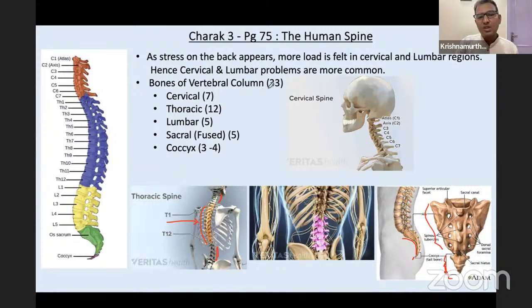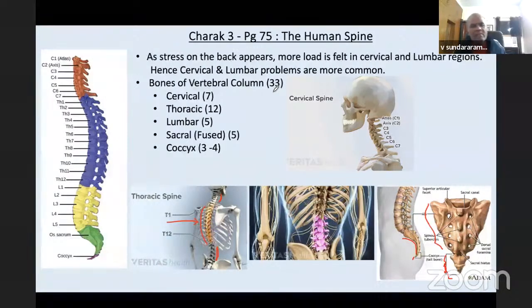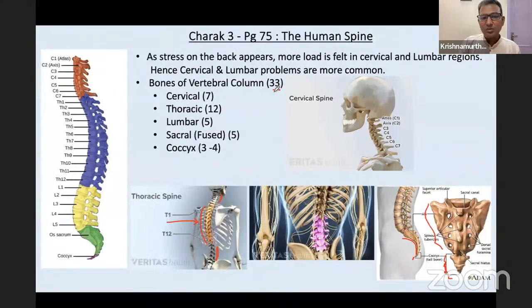So the total number of vertebrae is 33. Cervical is 7, thoracic is 12, lumbar is 5. Sacrum, even though it is fused, has 5 bones which are fused to create one sacrum.